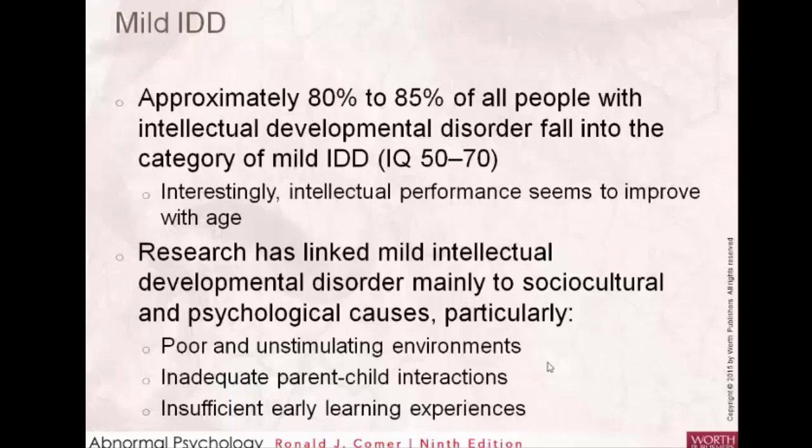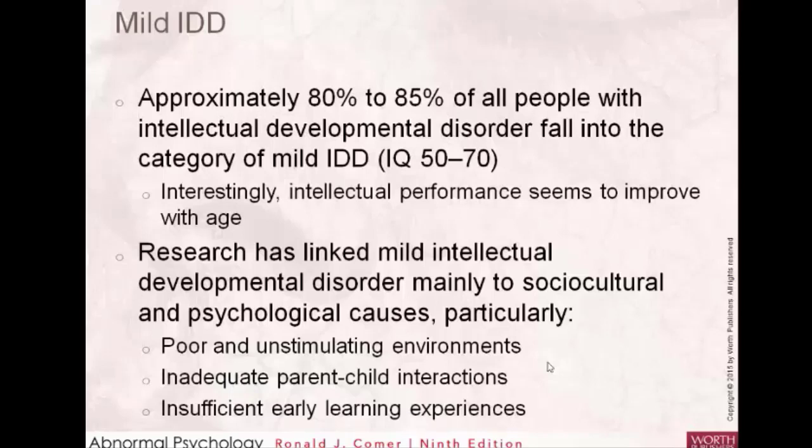A lot of people who have mild intellectual disability have scores somewhere in the 60s or maybe getting close to 70. So what we actually see is that intellectual performance oftentimes improves with age. So if you continue to follow and give intelligence tests to a person, their IQ score may increase as they get older. And part of that may be that a person finds what works for them in their environment.